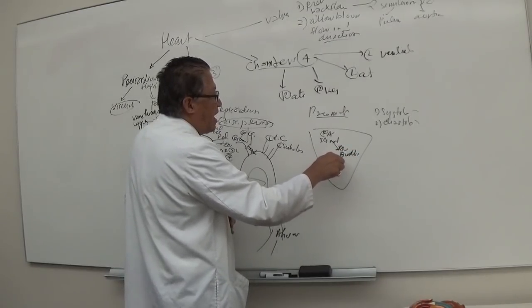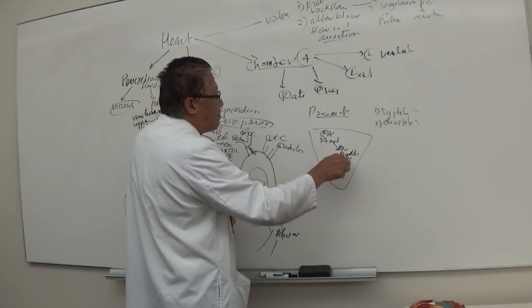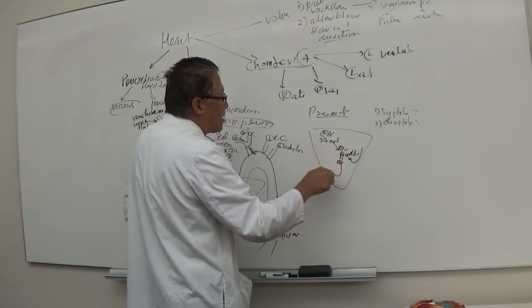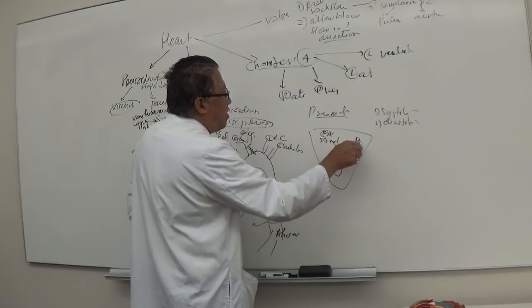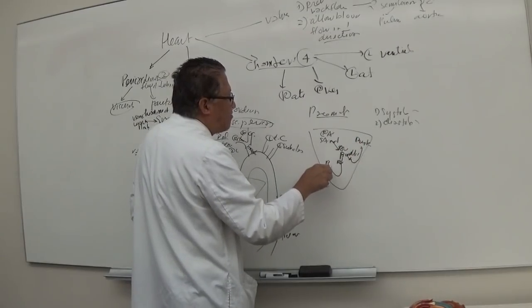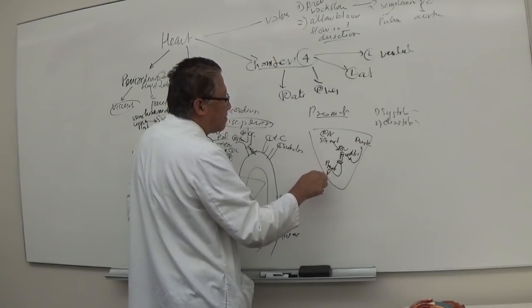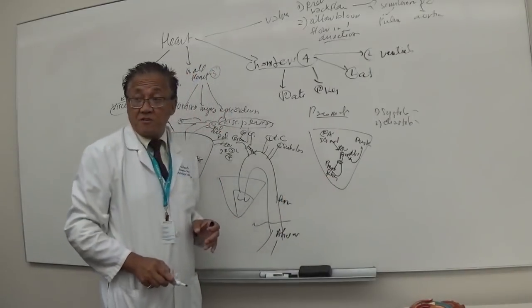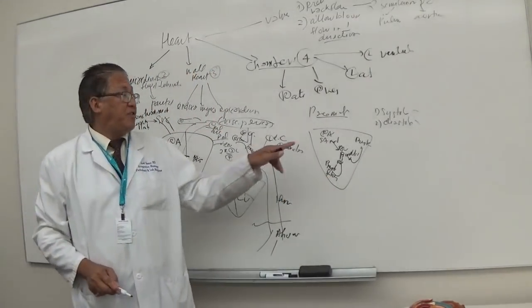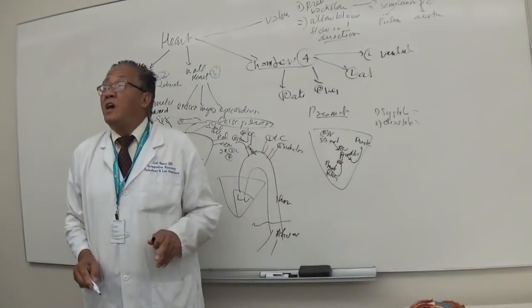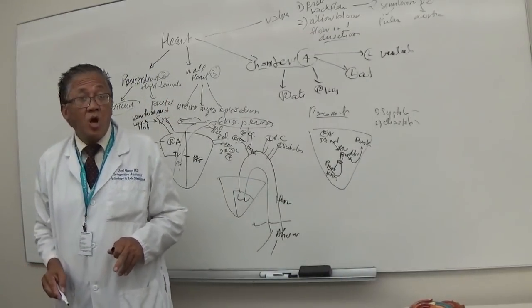His, then right bundle branch, left bundle branch, then Purkinje what? So which one will make the ventricle muscles contract? The Purkinje fibers. Which one will make the atrial muscles contract? The SA node.